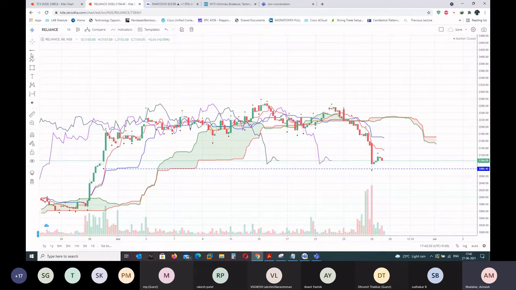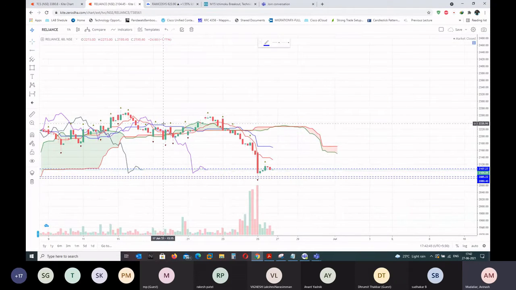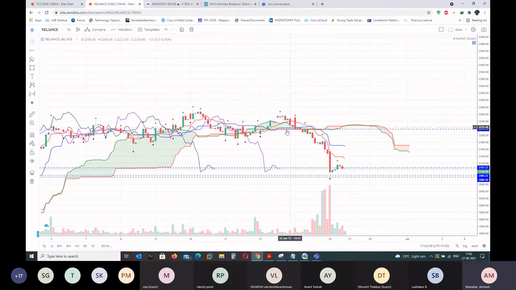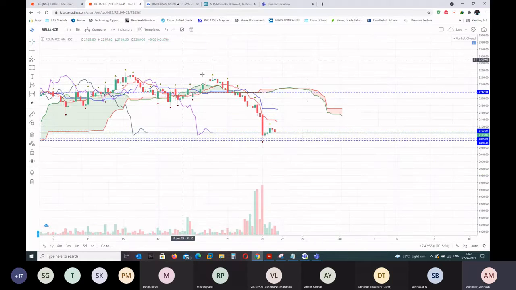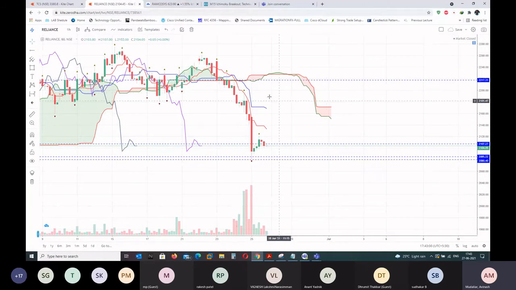So this zone is an important zone, that's support. Then this is one more zone. And you can see this red line is also very flat. Simply draw this first, because these are strong support and resistance.